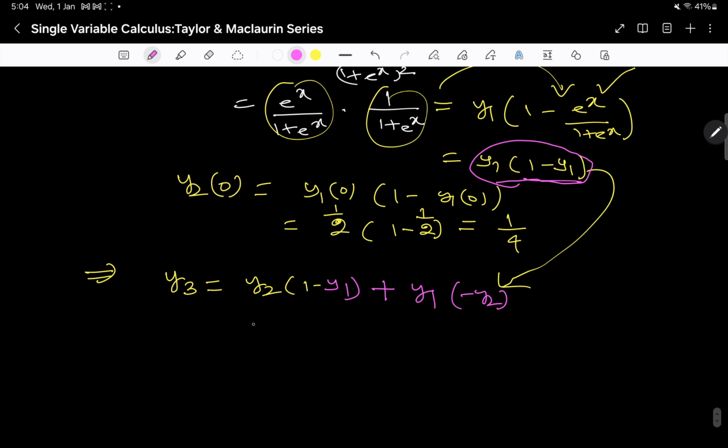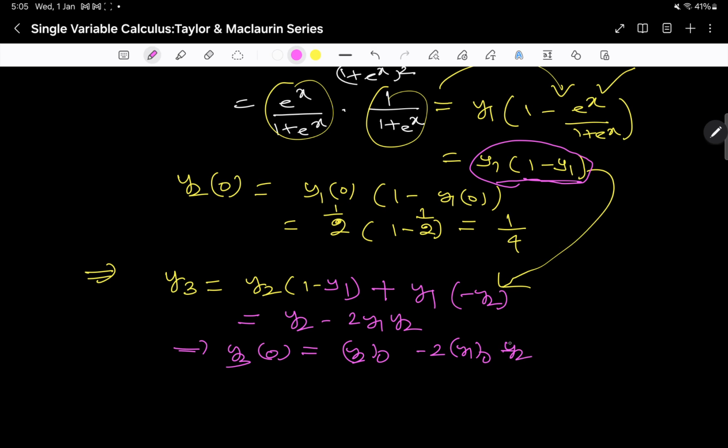Okay, so that is equal to y2 minus 2 y1 y2. That means y3 of 0, if you solve it, is y2 of 0 minus 2 y1 of 0 into y2 of 0. So this gives 1 by 4 minus 2 into half into 1 by 4, which is equal to 0.